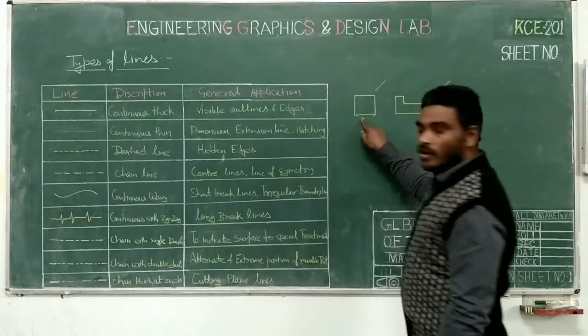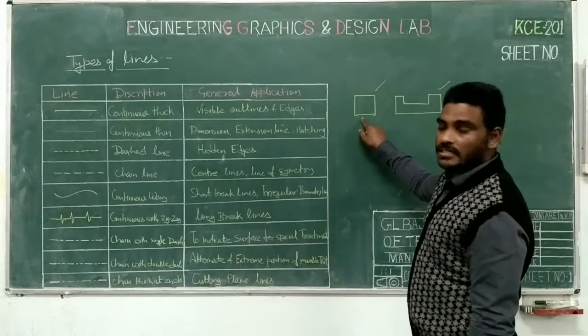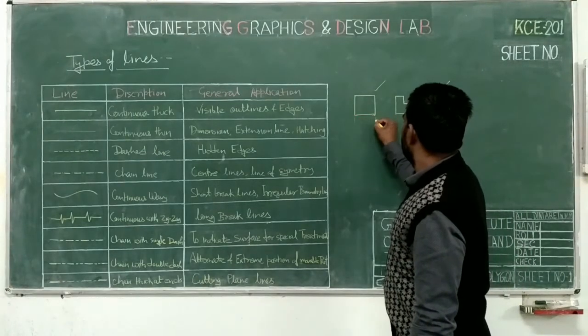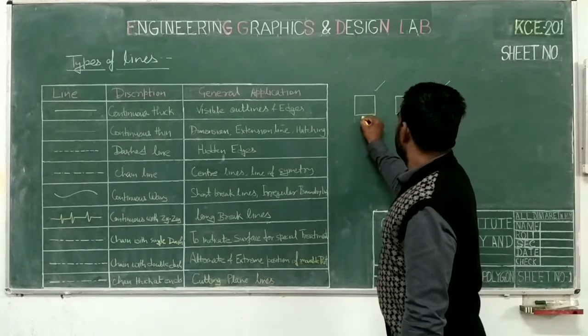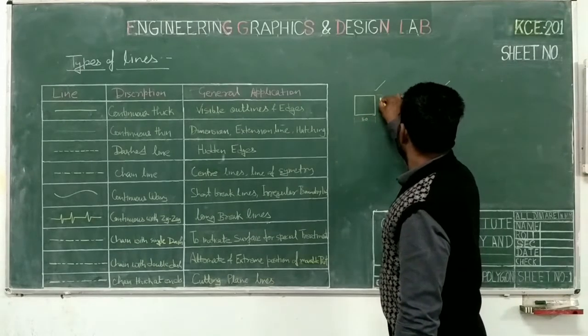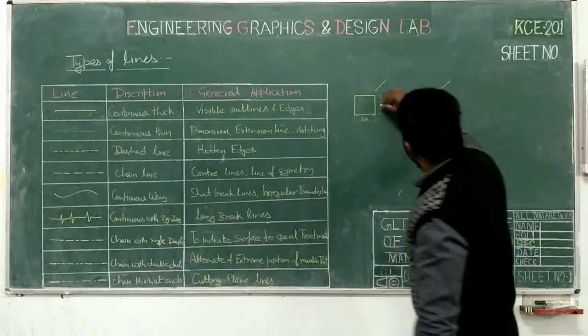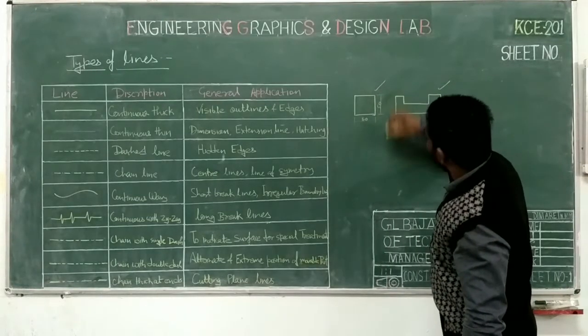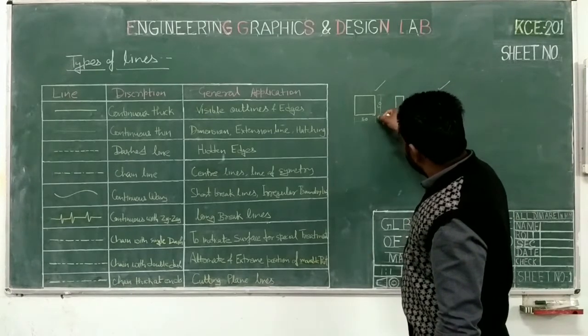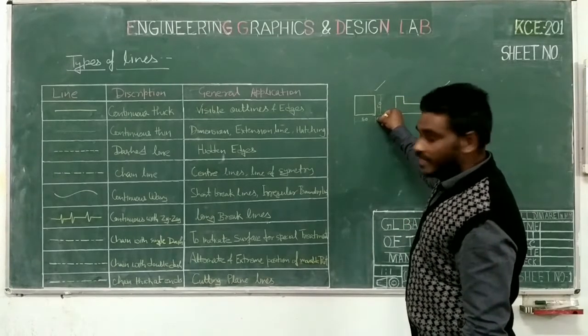Suppose we have drawn a square here and this is our main drawing. Suppose this is 50 mm in length and this is 50 mm. The line which we have used here must be comparatively thin.